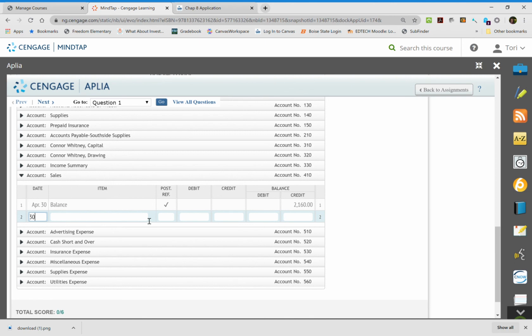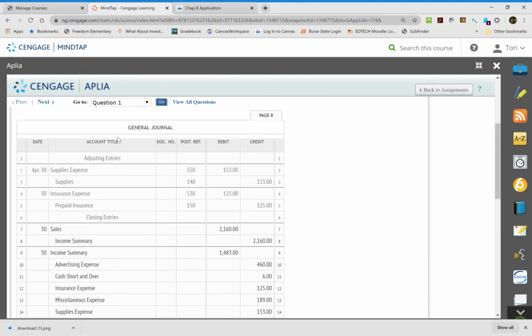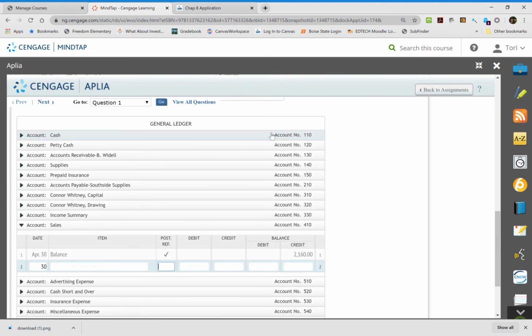We don't put anything in for item. Our post reference, remember, is General Journal G and the page number 8. So G8. And on this one, we debited $2160. And so now our account is zeroed out.